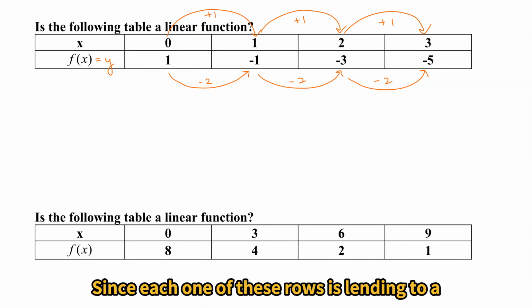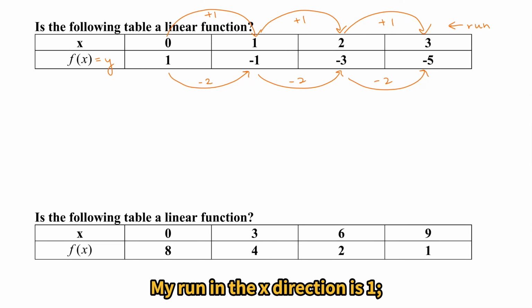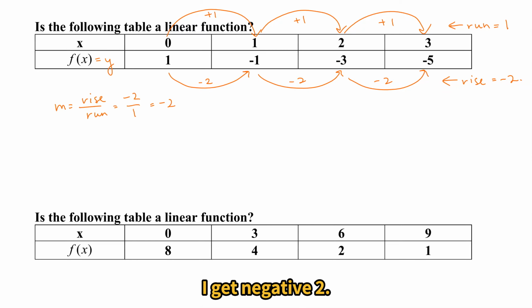Since each one of these rows has a constant change, this is going to be linear. My run in the x direction is 1. My rise in the y direction is negative 2. So if I calculate my slope, I get negative 2.